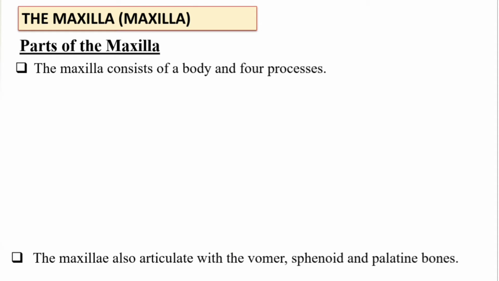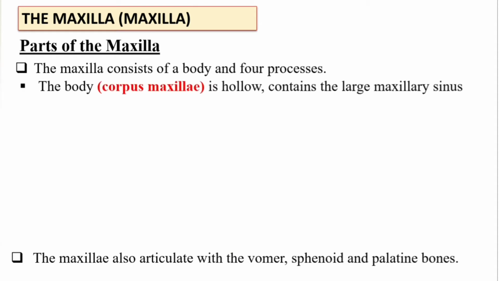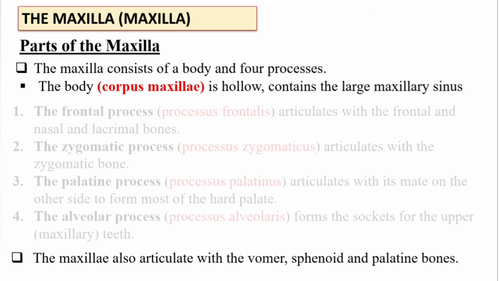The body of the maxilla, corpus maxillae, is hollow and contains a very large maxillary sinus. It's important in making the weight of the skull light, and also important if we talk about resonance and other functions.